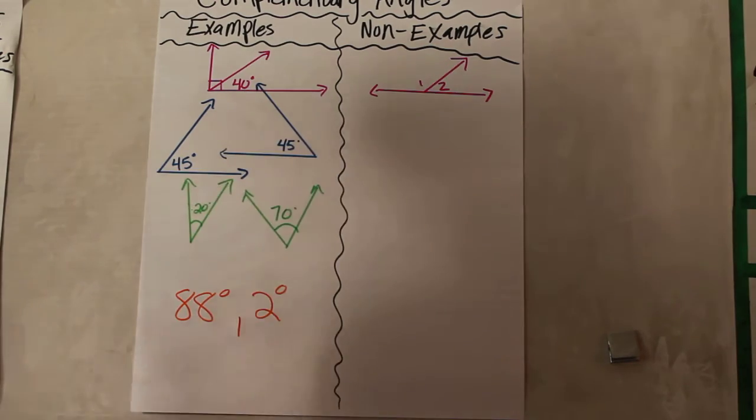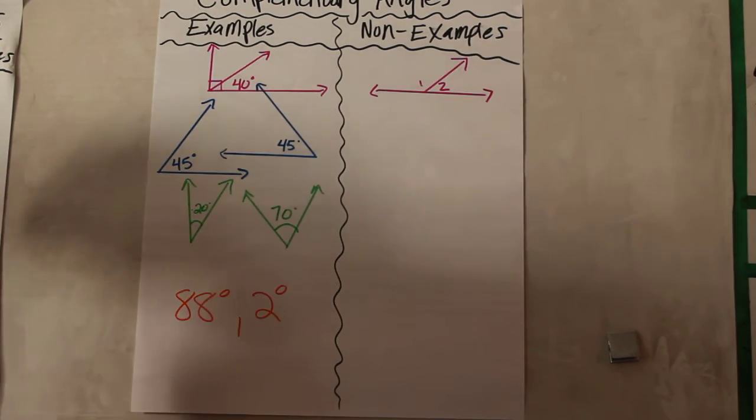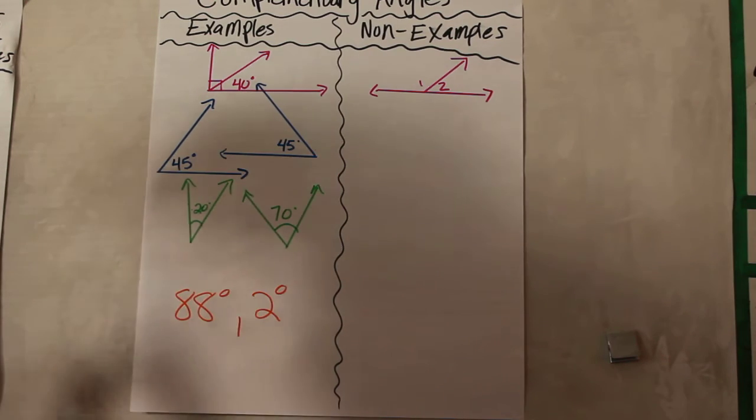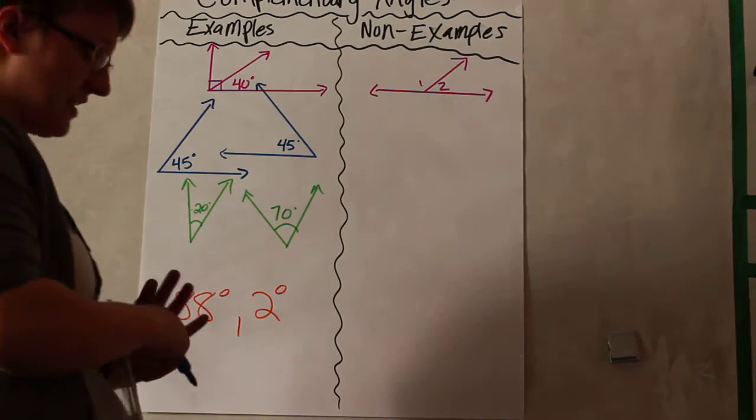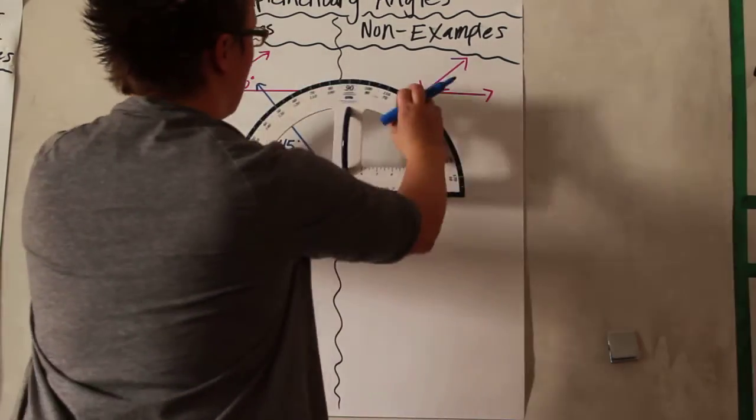Now we already have one non-example over here. Some other ones are if we had two 90-degree angles. If we have two 90-degree angles, that actually equals 180 once again.